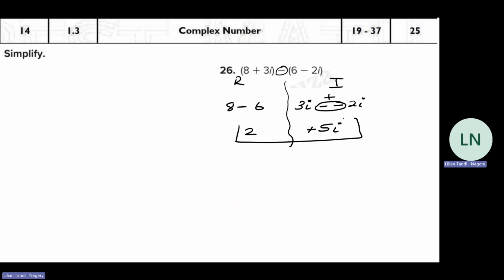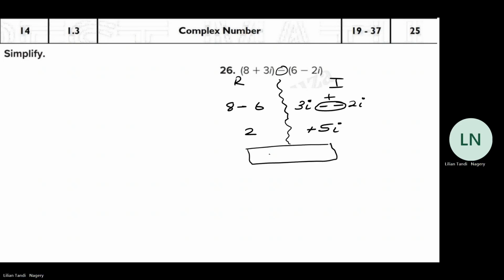And this is your answer. Remove this line here, or leave it like that and just write your answer closer. 2 plus 5i.